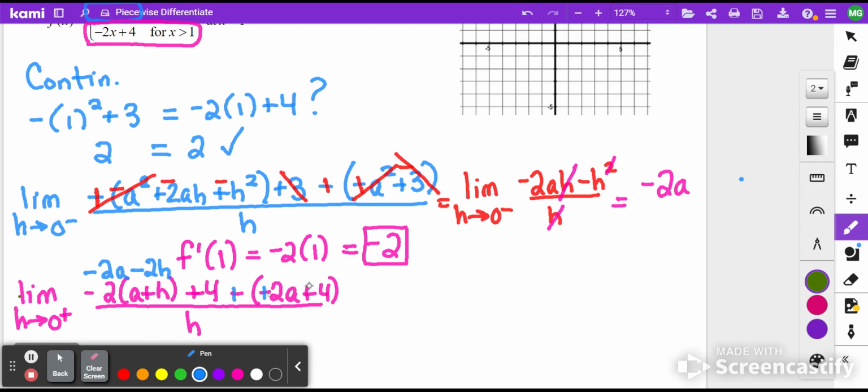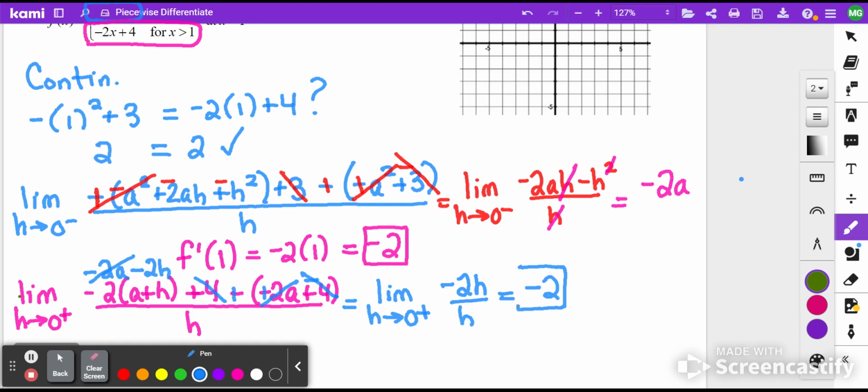We will apply this negative, and let's see what happens. Negative 4 and positive 4 cancel each other out. 2a and negative 2a cancel each other out, leaving us with the limit as h approaches 0 from the right to be negative 2h over h, which is negative 2. And notice there's no variable there, so there's nothing to substitute in.